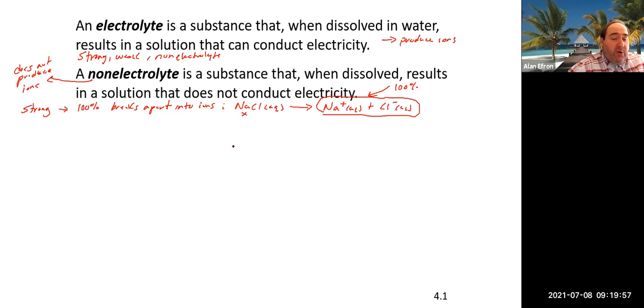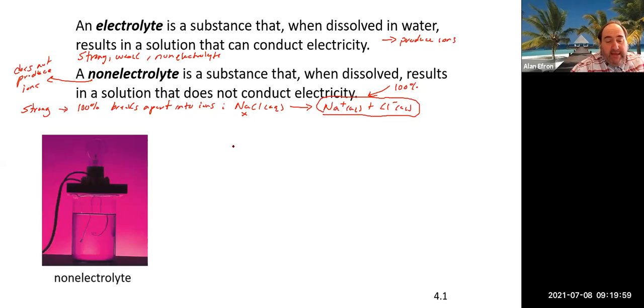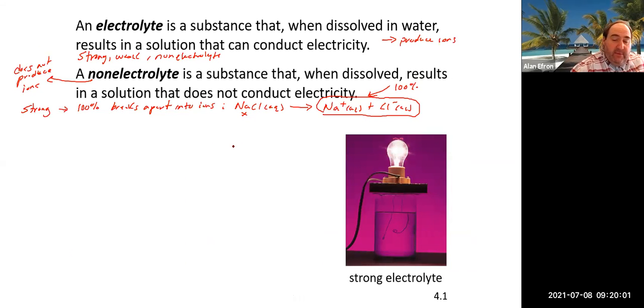In a strong electrolyte, the light bulb would go off very brightly, as we see in this picture, because there are a lot of ions present.